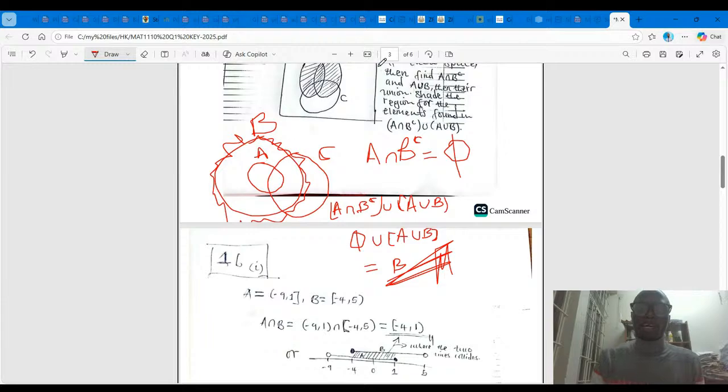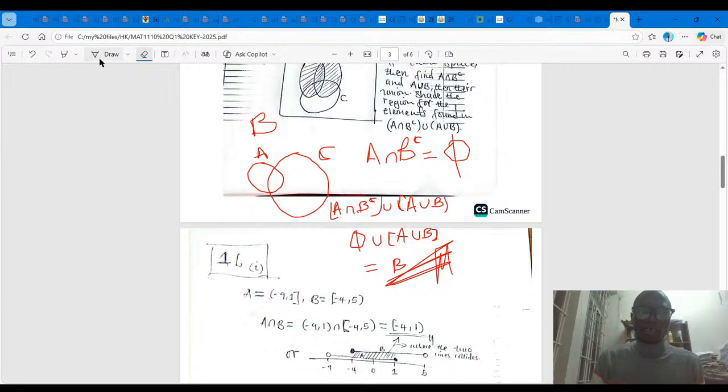So on your diagram, you are going to shade the following.